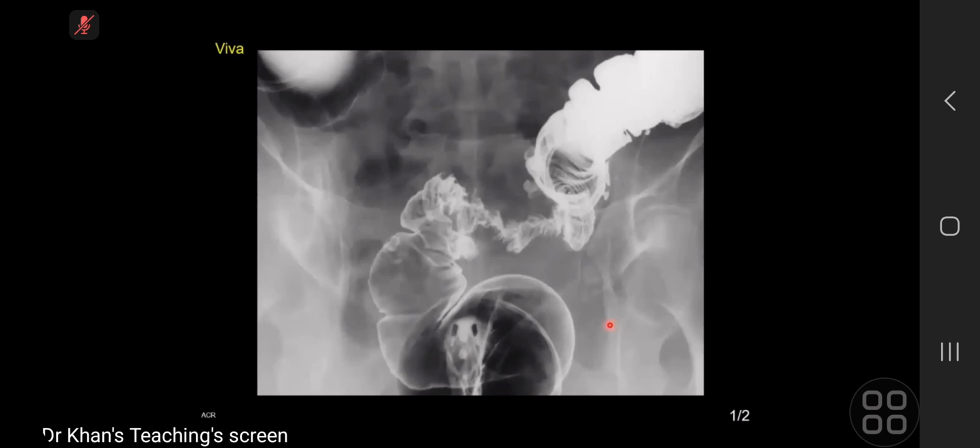The visualized descending colon appears normal. So there's abnormality centered in the sigmoid colon, with a very thin, string-like stricture. It's a short segment. So the differential here could be malignant stricture, or if it's part of a disease process, then it could represent inflammatory bowel disease. But I'll have to see the rest of the images.